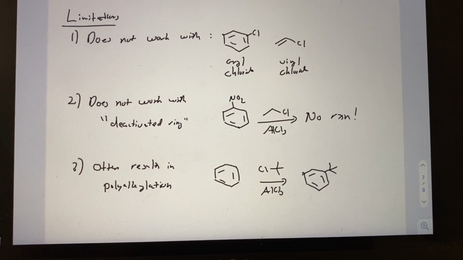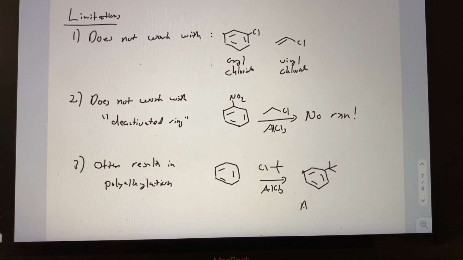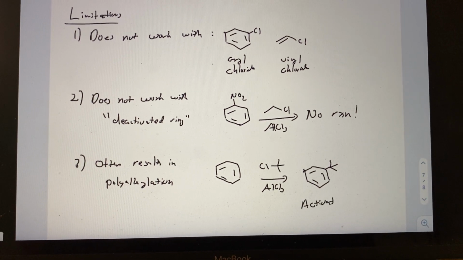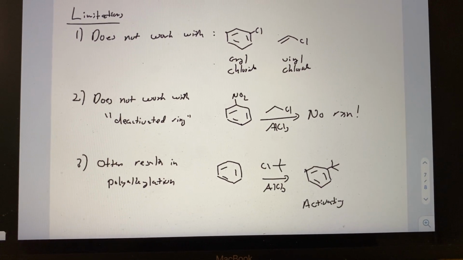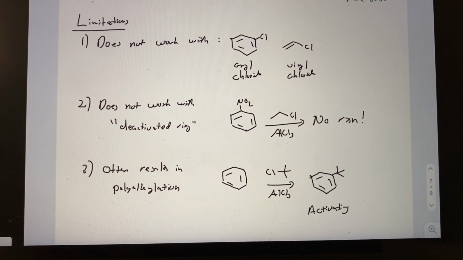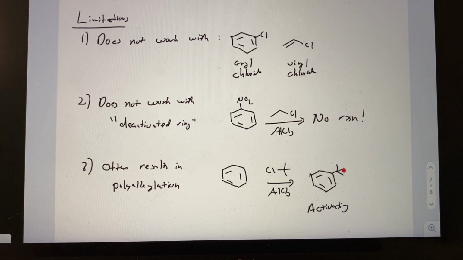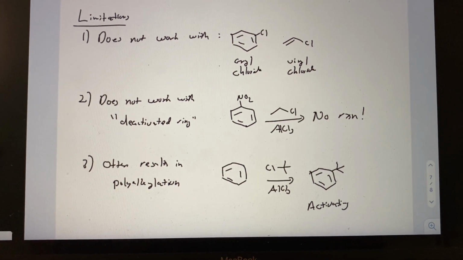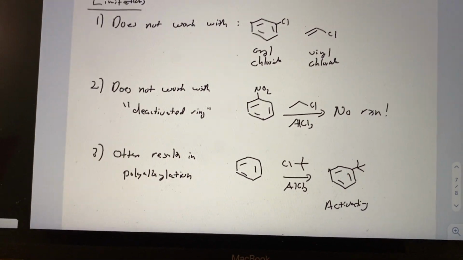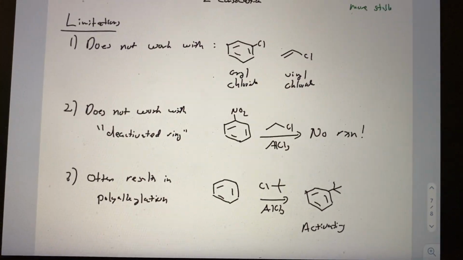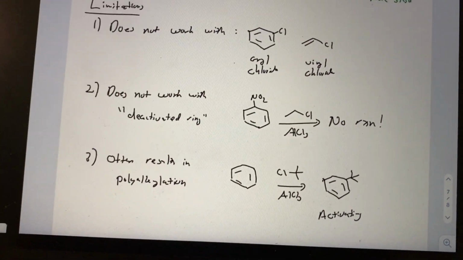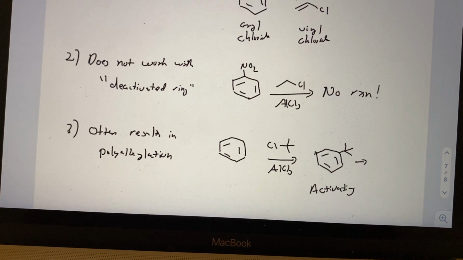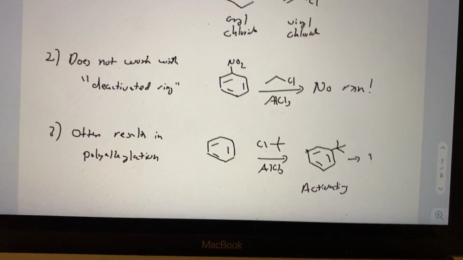And an activating group speeds up the reaction. It actually donates electron density into the benzene ring. And I'm just going to assert for a minute here that this alkyl group, because the carbons are electron donating, actually activates this ring to make it more reactive. So what happens a lot of times is that you've ended up making an aromatic system that's even more reactive, so the reaction happens again.